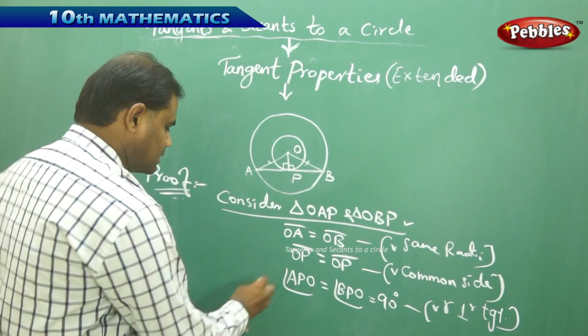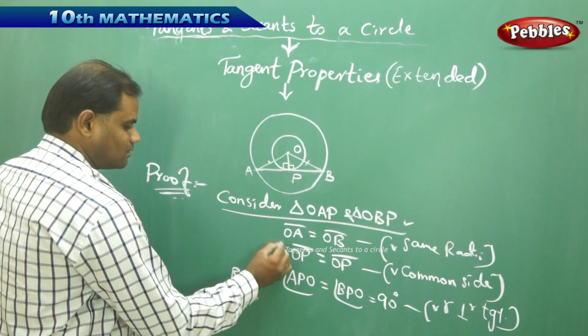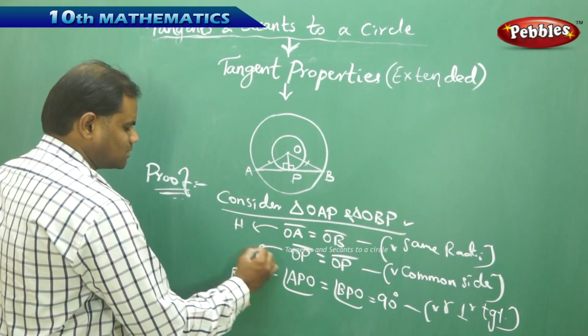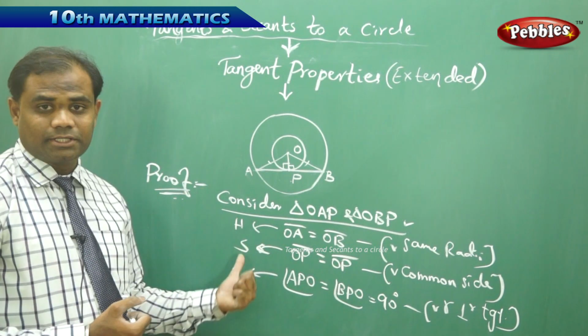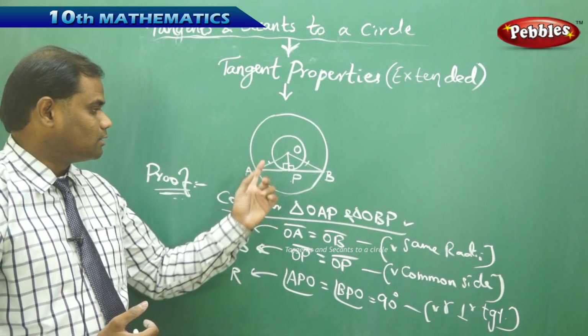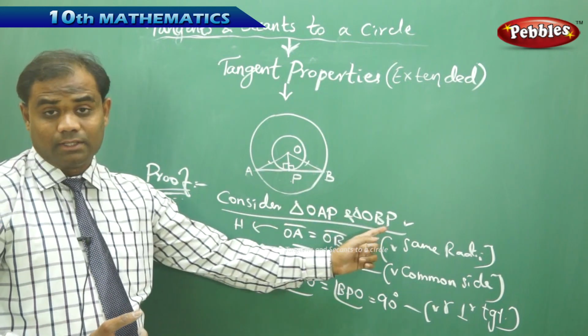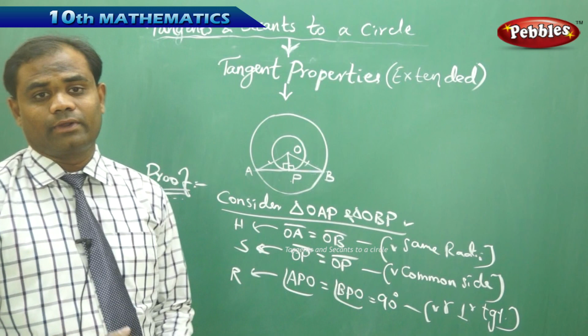Now clearly I see that this is the right angle, this is the hypotenuse, and this is one of the sides, which reminds me of the RHS congruency through which the two triangles OAP and OBP are congruent.